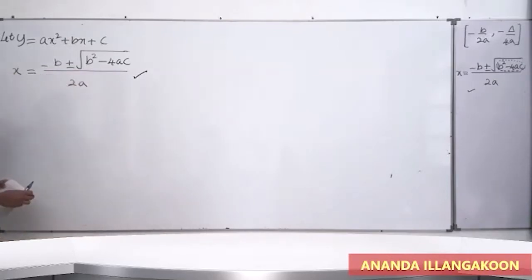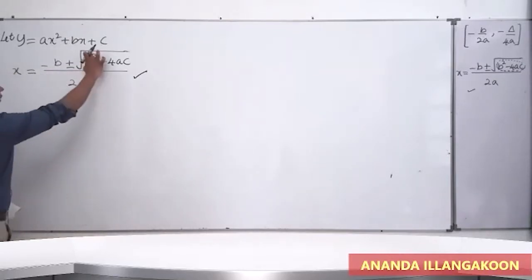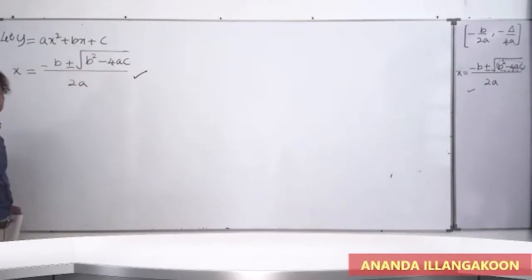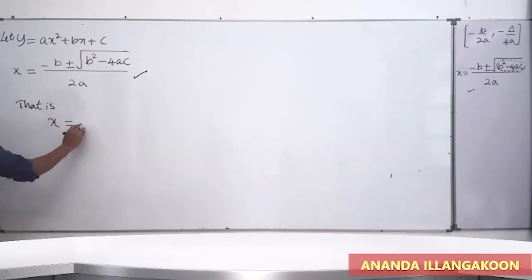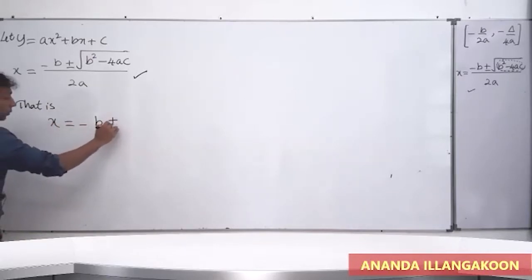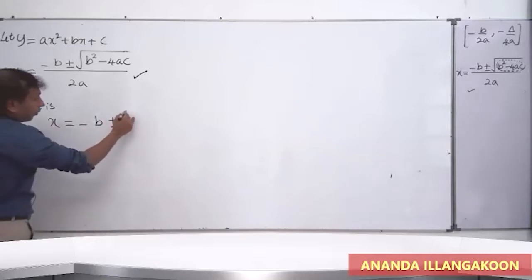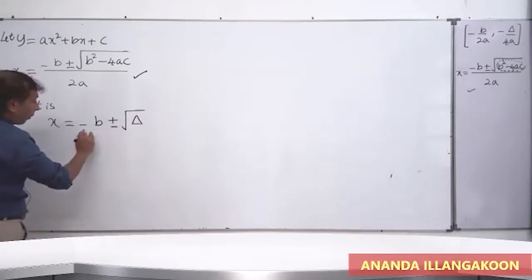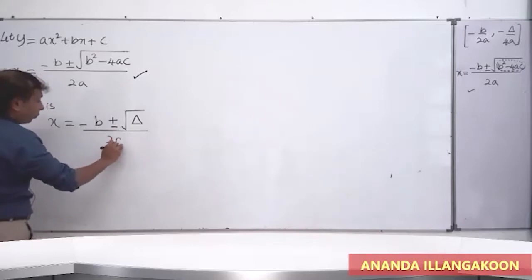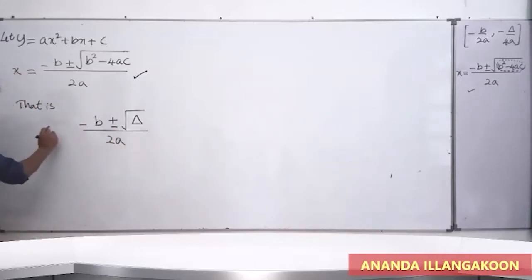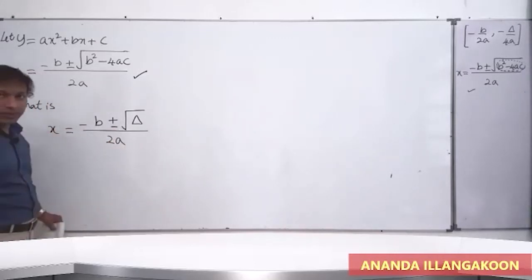Okay, people, I am going to write this b squared minus 4ac as delta, right? That is, x equals minus b plus or minus root delta divided by 2a. This way now you can write.